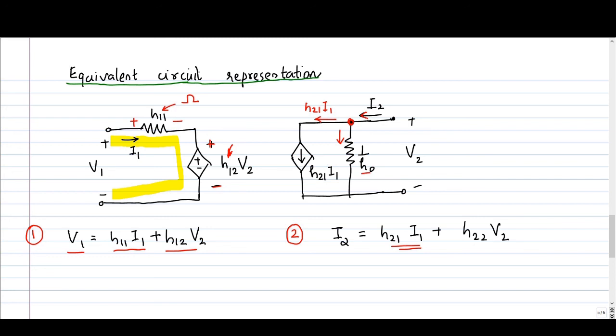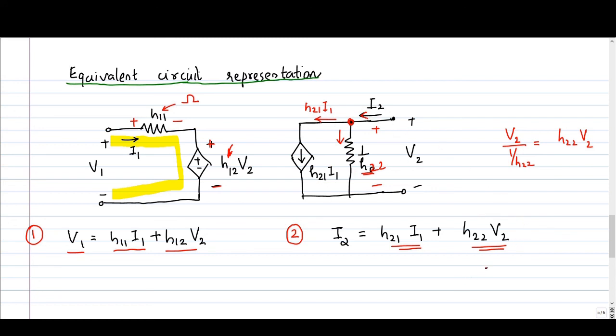The magnitude of this resistance is 1 by H22. The voltage across that resistance is V2. So what is the current? V2 divided by 1 by H22, so it becomes H22 V2. If you apply KCL, you will get I2 is equal to H21 I1 plus H22 V2. So this network represents the second equation.